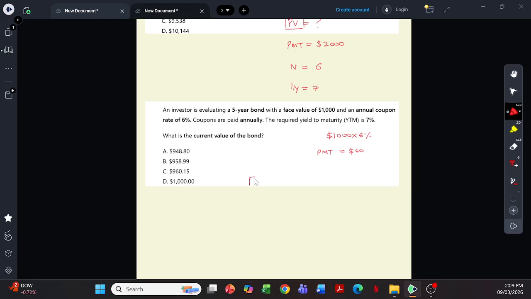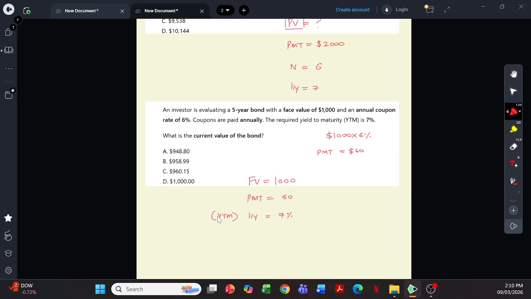Okay, so let's put the variables again. Future value is going to be 1,000. The bond always matures at its par value. Payment is going to be 60. I/Y, which is the YTM, is 7%.